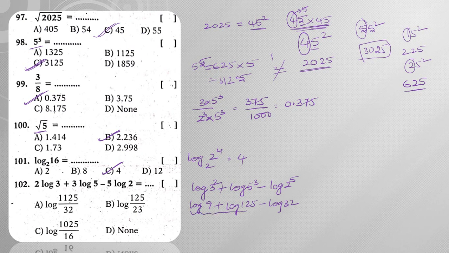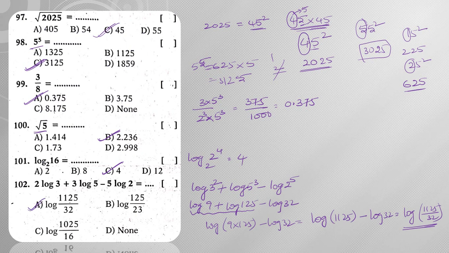By using log x plus log y, I can write this as log of 9 into 125 minus log 32. So log of 9 into 125 I can write as log of 1125 minus log 32. Again, log x minus log y can be written as log of x by y. So log of 1125 by 32.